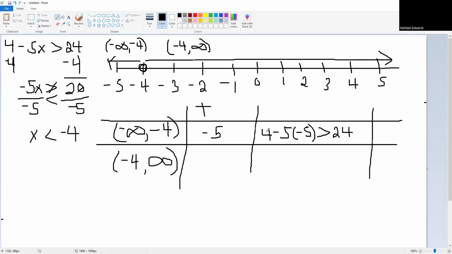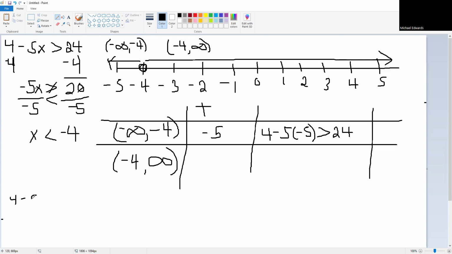All right, to solve this, we got 5 times -5, which is what? It's 5 times 5, which is 25. So this would be positive.